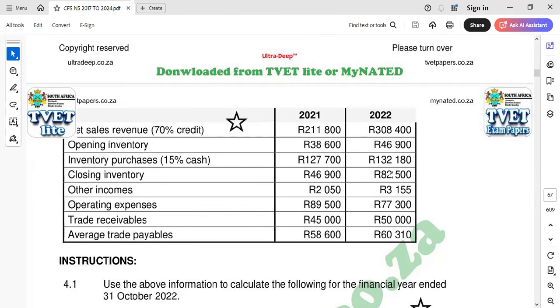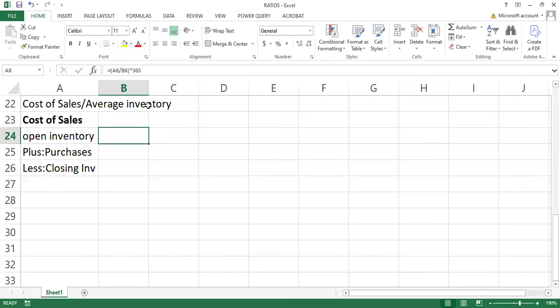So it's 46,900 plus purchases, which is 132,180.